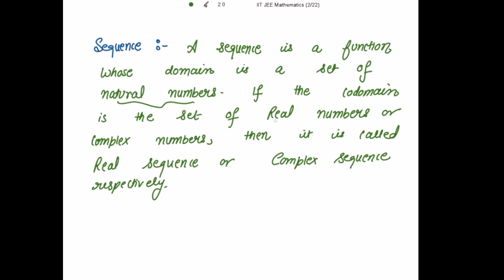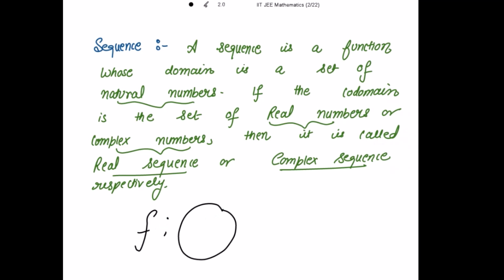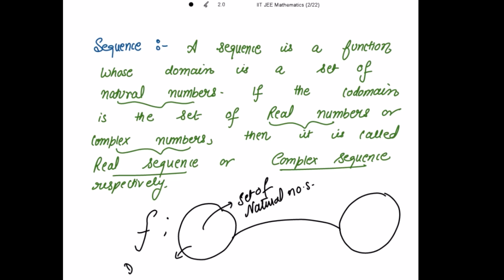If the codomain is a set of real numbers or complex numbers, then it is called the real sequence or complex sequence respectively. So if I am having the function f and its domain is the set of natural numbers, and if the codomain is, this is your domain and this is the codomain, and if the codomain is a set of real numbers, then the sequence is called the real sequence.